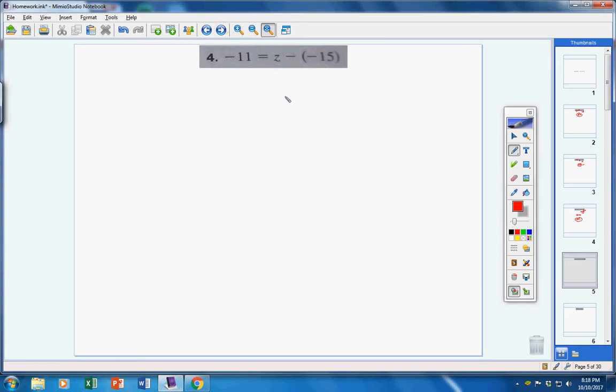Alright, number 4. First, simplify both sides. Nothing I can do here, but over here I have a number with two signs. A negative makes the number become positive. Next, eliminate fractions. Next, move your constant terms to one side and your variable terms to the other side. And there we go.